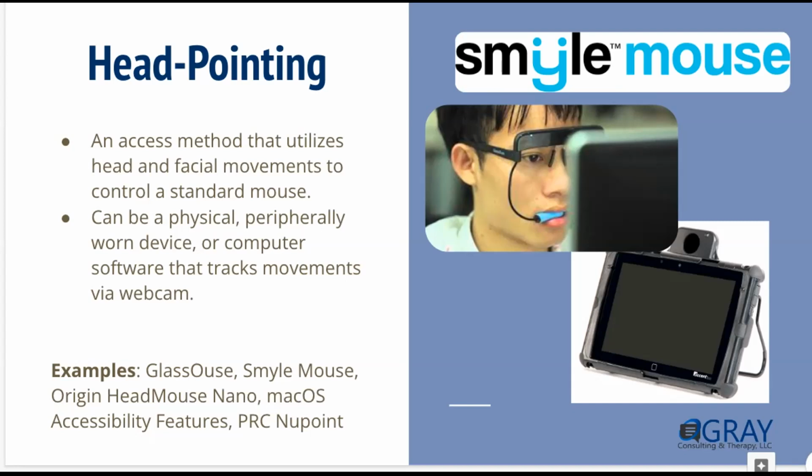That don't require you to wear the beautiful silver dot, or hat with the little silver dot on it. Glass House is one, seen here below the Smile Mouse logo, which has a little gyrosphere inside it. And so it gets the tilt of your head.